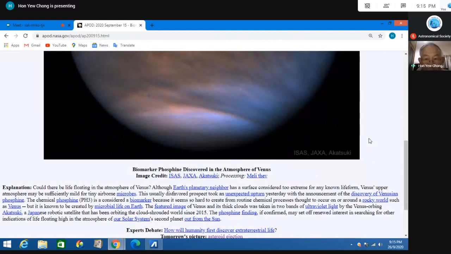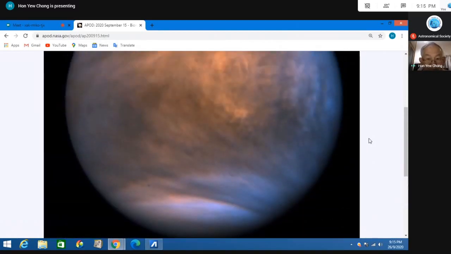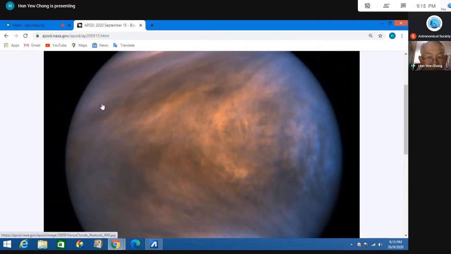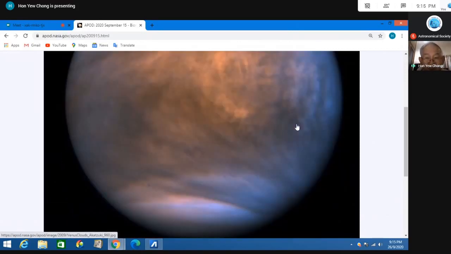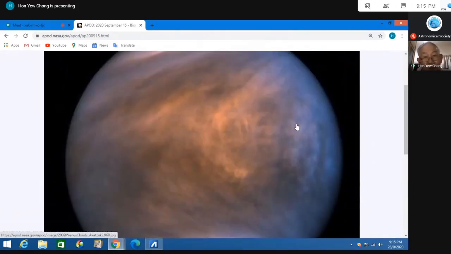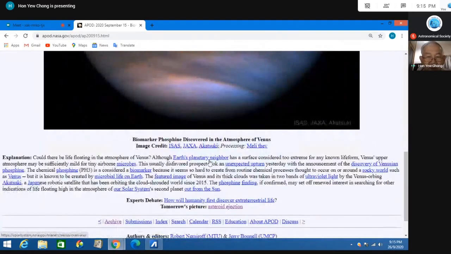They say the future mission to Venus is to map out and find out more of this phosphine molecule, and they hope more and more people will be interested in finding life or signs of life. Venus will be the place to go to look for life in future, because it's confirmed they have phosphine, detected by the Japanese spacecraft called Akatsuki by JAXA.